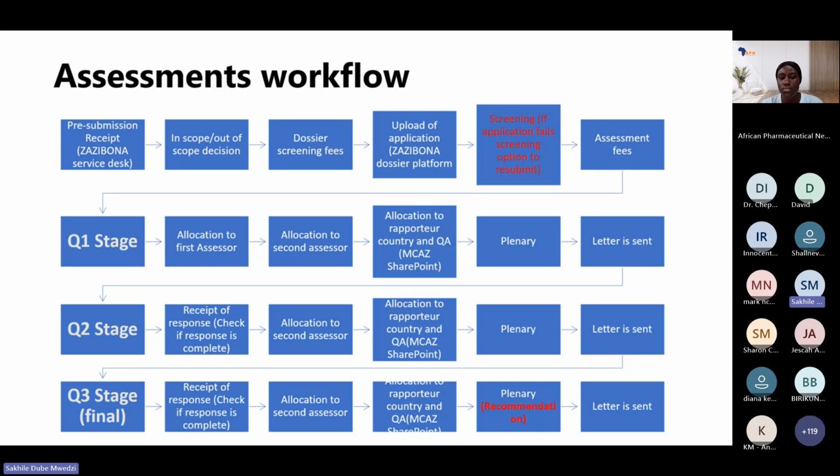So you have a positive recommendation from ZAZIBONA. So the value, having spent your 5,000 US dollars, is that you can now go to any of those active member states, submit your application, and within 90 days, you then have your marketing authorization.